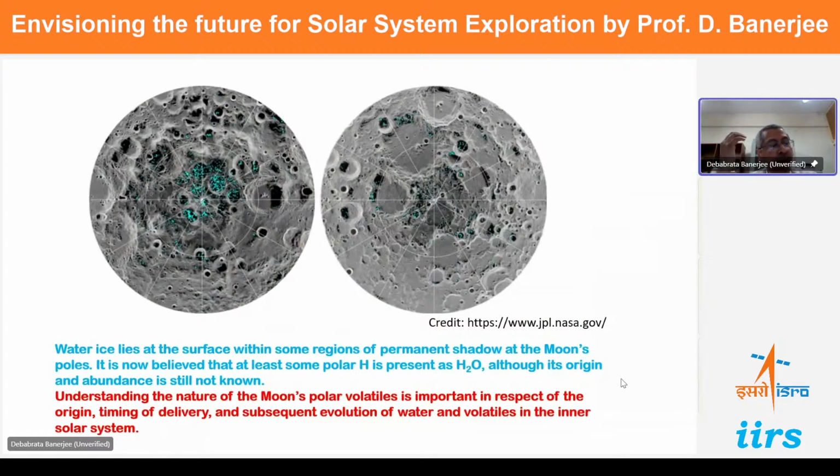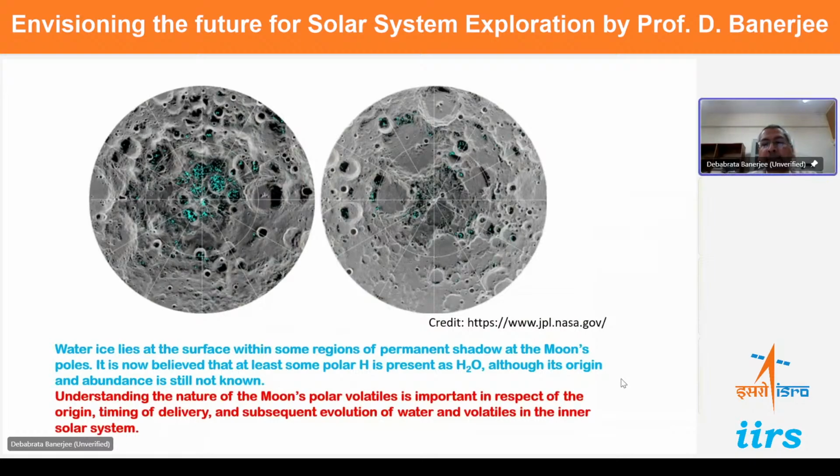And of course, one major discovery which I discussed is that Chandrayaan-1 M-Cube discovered water on the lunar surface, because earlier it was thought to be bone dry, and this has been confirmed by several other missions as well. LCROSS also, from part of the moon, found that the water percentage could be as high as 5%.